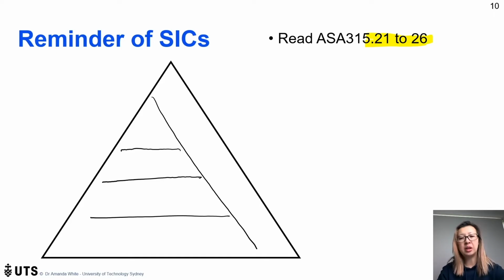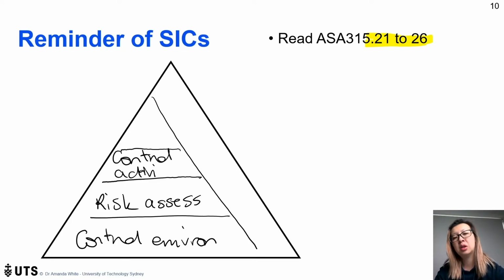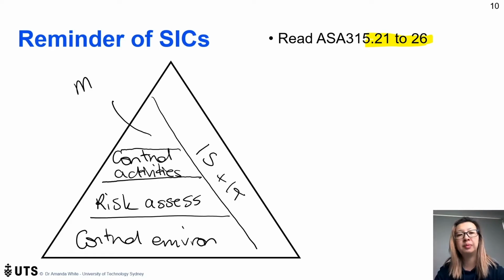But a reminder, it's the control environment, it's risk assessment. So what do they do to assess their own business risks? It's control activities, it's information systems and IT communications, and then the last one is monitoring.